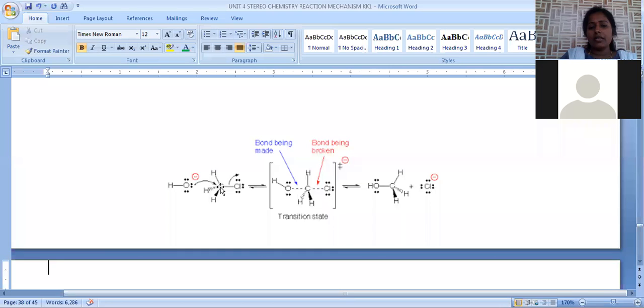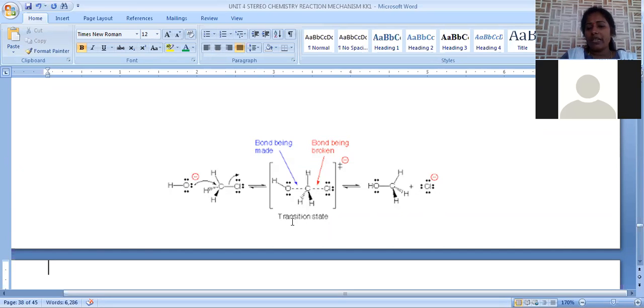Slowly this oxygen is able to form the bond and this chlorine is able to cleave the bond. When this attack is possible, we will get dotted bonds. 2 dotted line bonds are generated around the carbon. So at this instant, carbon is surrounded by 1, 2, 3, 4, 5 bonds.